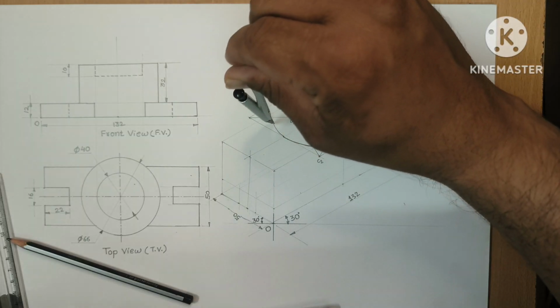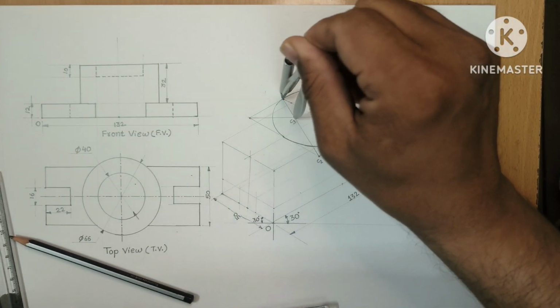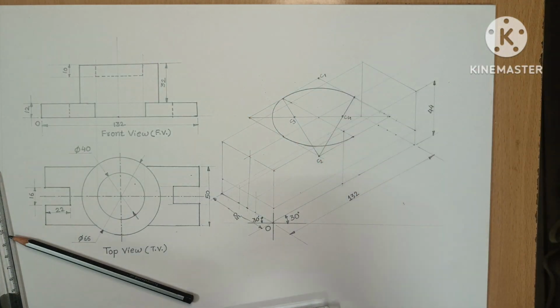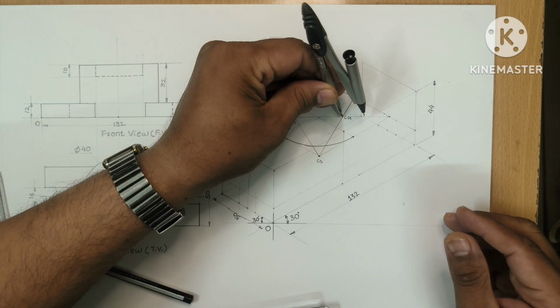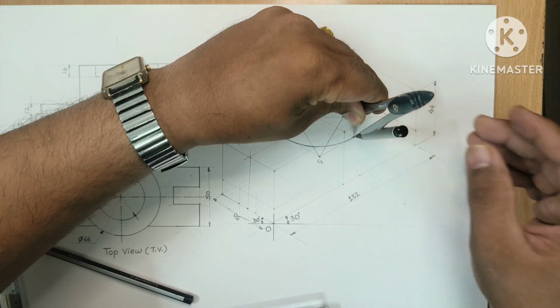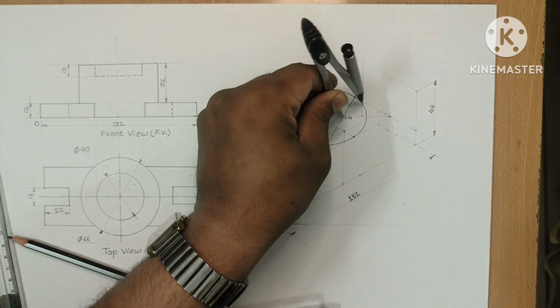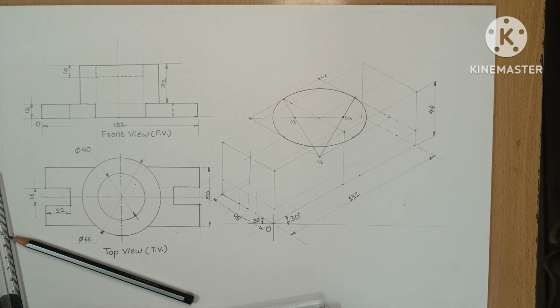Then I will mark this arc. Then with C4 as the center, I will take the radius from the top view. Now the circle is complete.